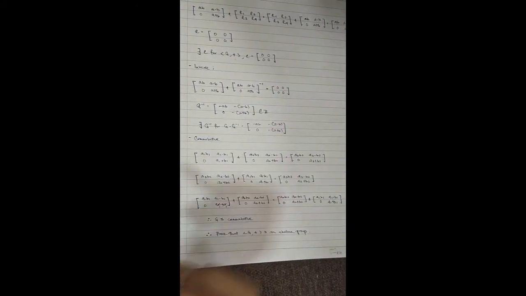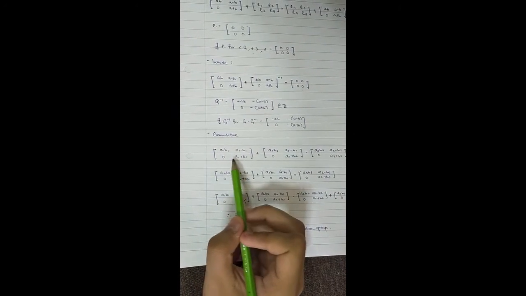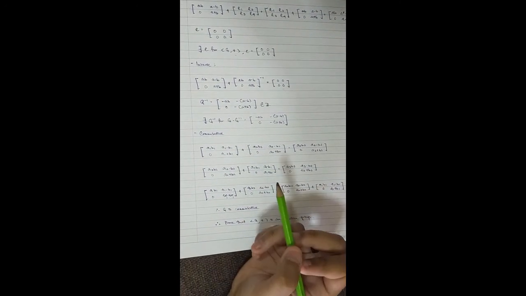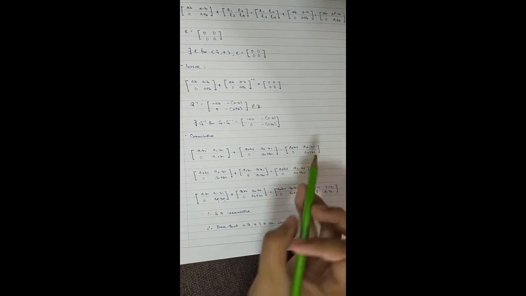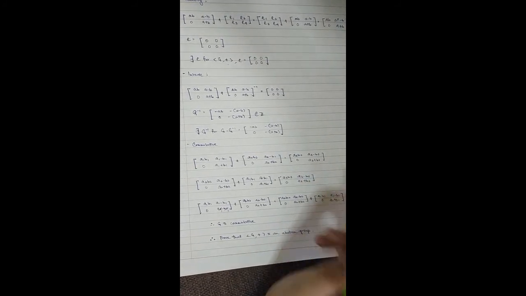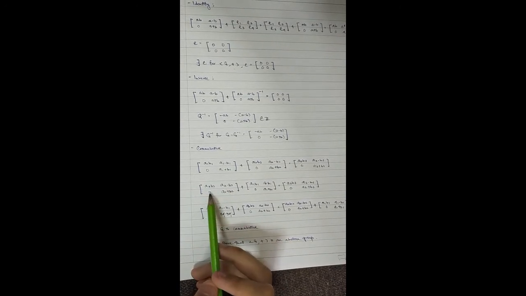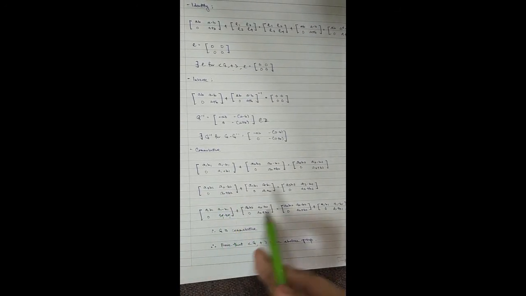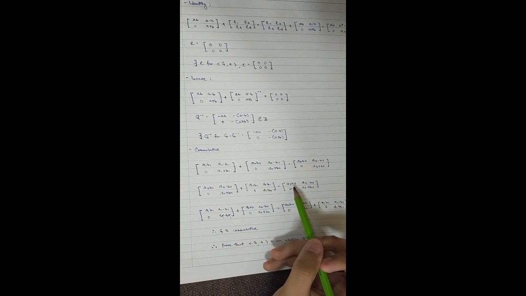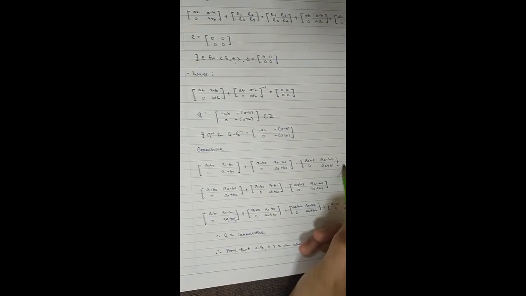The last one is commutative. So (a1, b1, a1 minus b1, 0, a1 plus b1) plus (a2, b2, a2 minus b2, 0, a2 plus b2) equals (a3, b3, a3 minus b3, 0, a3 plus b3). The next one, swapping the order, (a2, b2, ...) plus (a1, b1, ...) equals (a3, b3, ...). So we get the same answer.